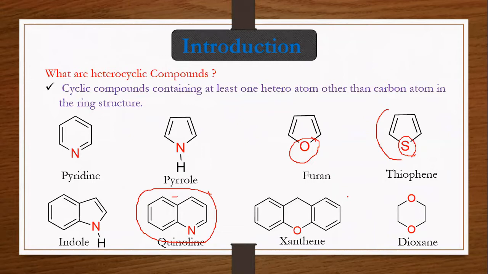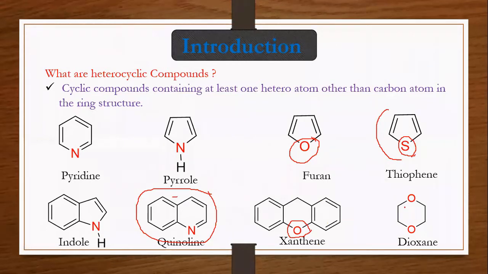Another, this is a 3-membered heterocyclic ring. And which is the heteroatom? Oxygen. These three rings are fused together. The name of this molecule is xanthene.